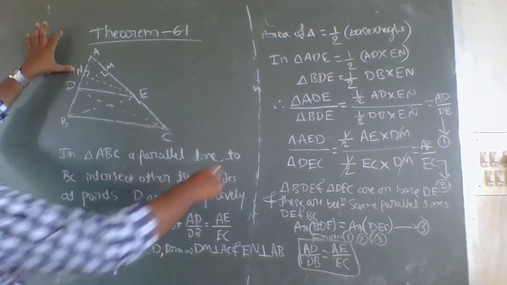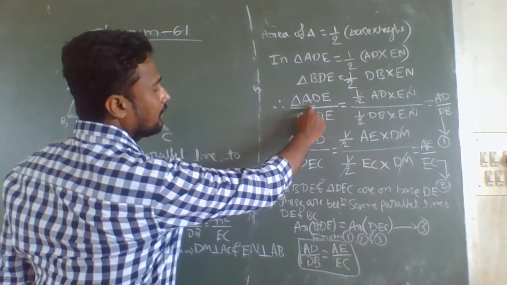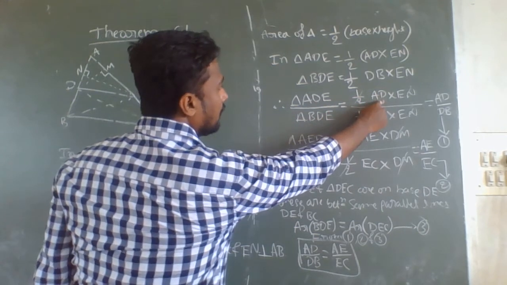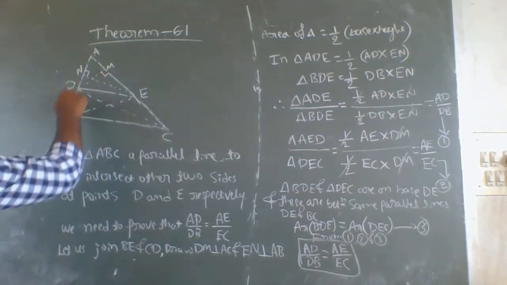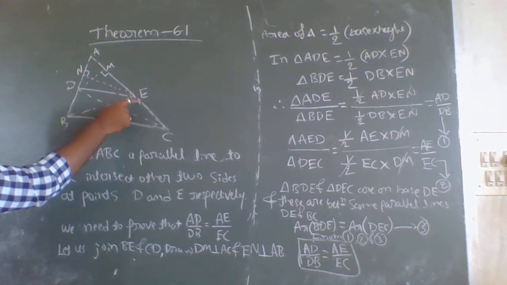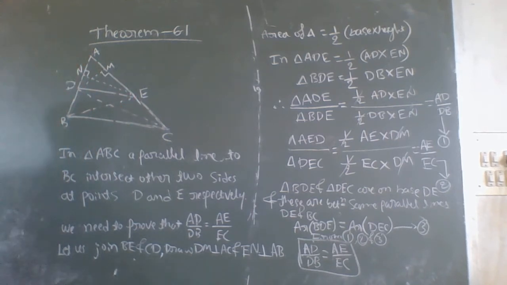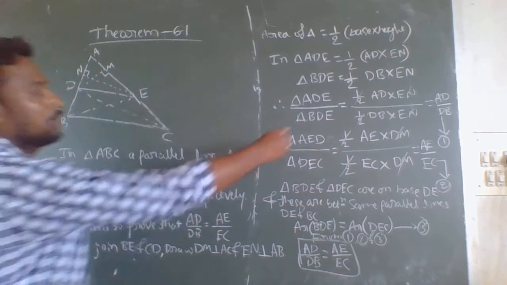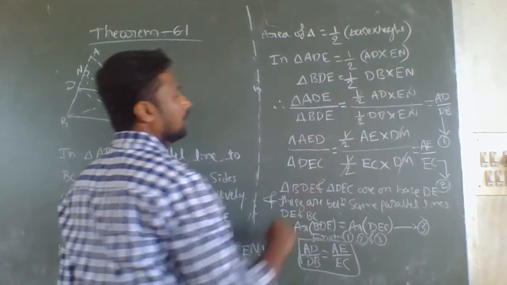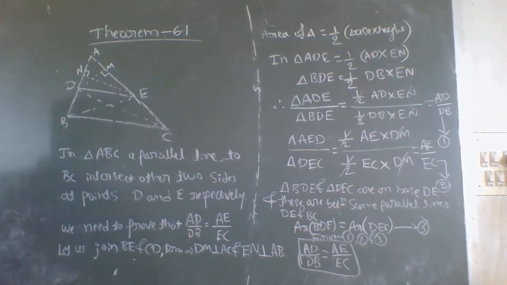So here area of triangle ADE is equal to 1 by 2 into AD, AD is the base. If AD is the base, then what is the height? EN, because EN is perpendicular to AB. Therefore 1 by 2 into AD into EN. Next I will consider triangle BDE.